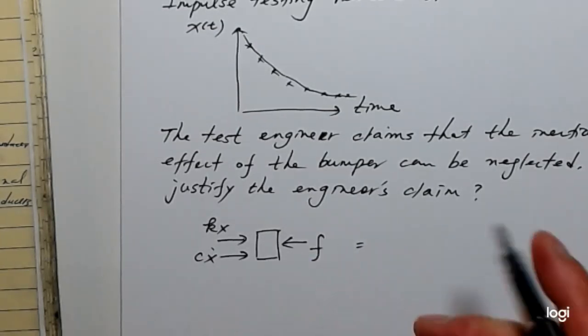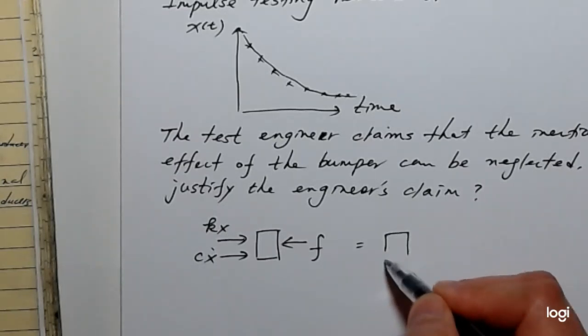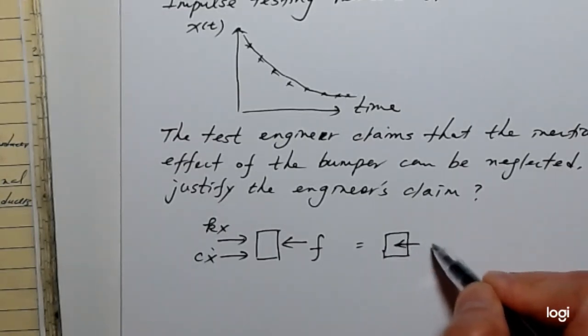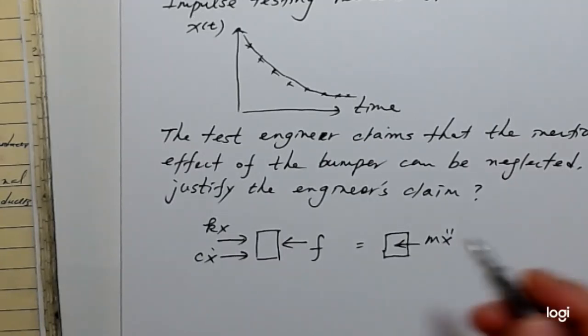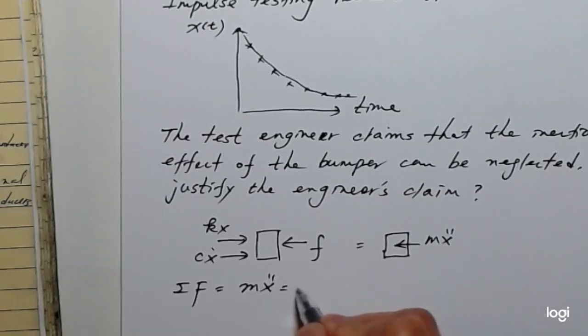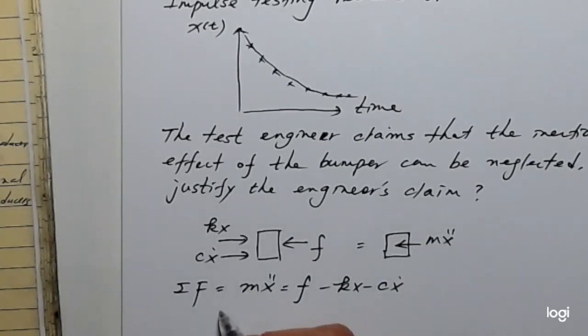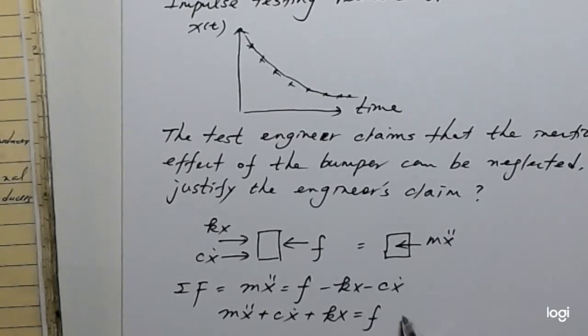So kinetic diagram, free body diagram, kinetic diagram. So summation F equal to m x double dot. So this is a typical second order system model right here.